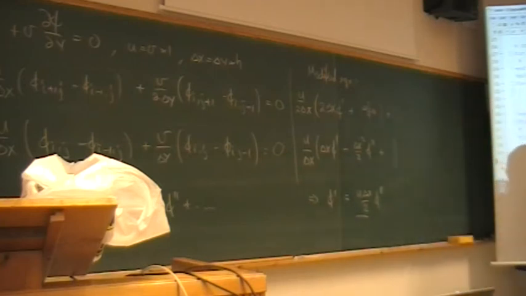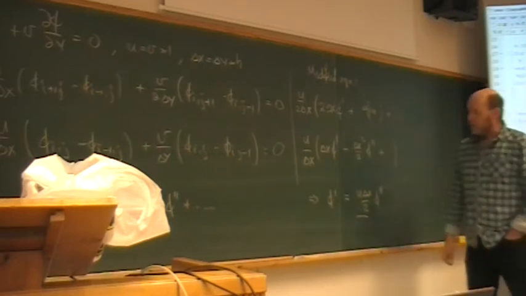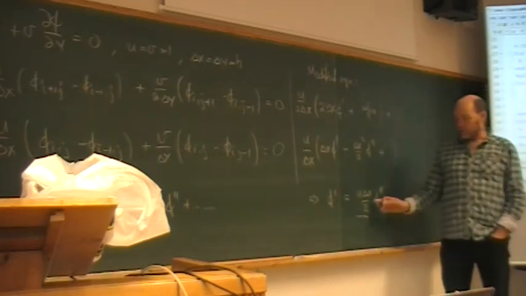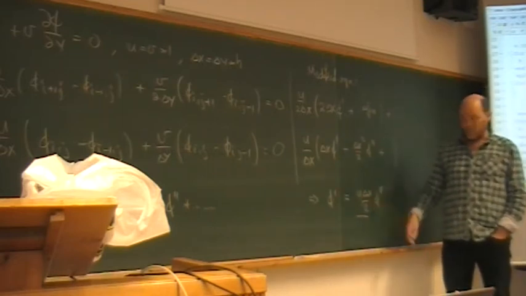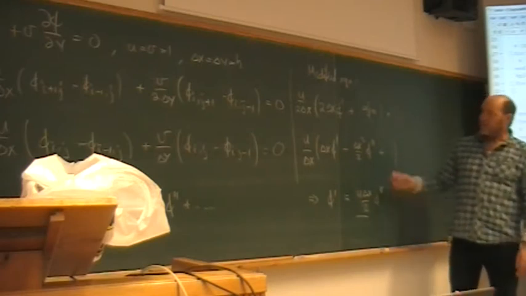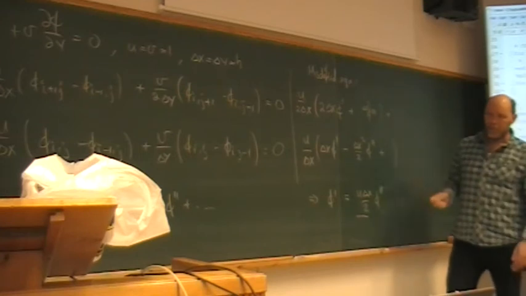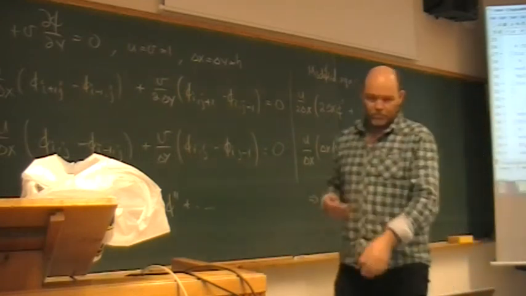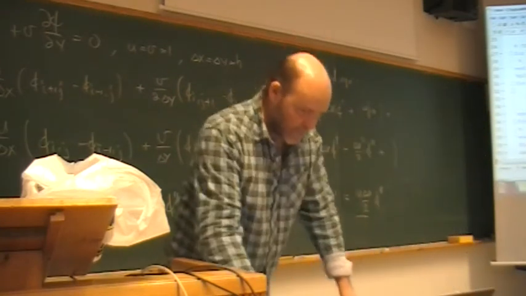So there you have your diffusion, the viscosity. And for this example, it is a constant viscosity, which is exactly what we get. But with the central differencing scheme, no diffusion whatsoever.